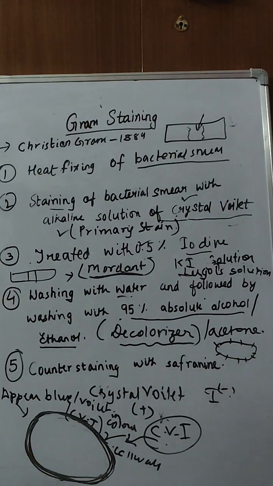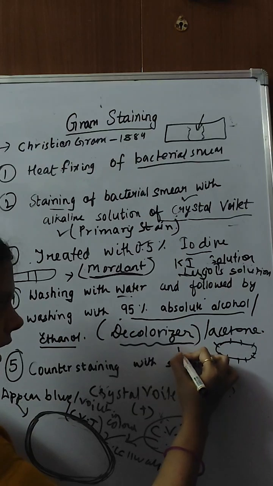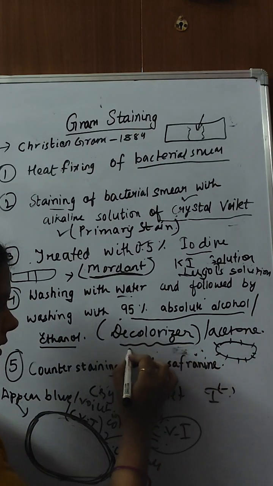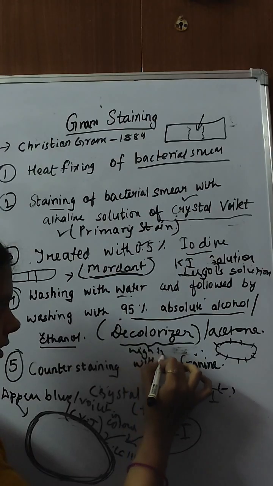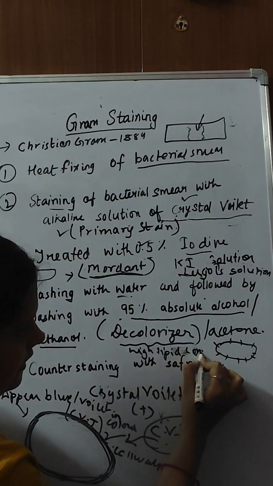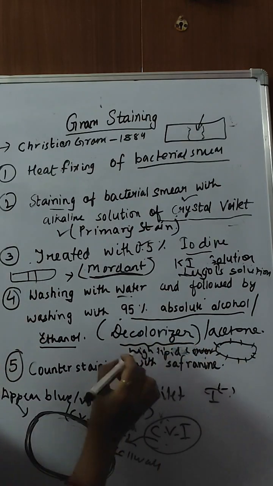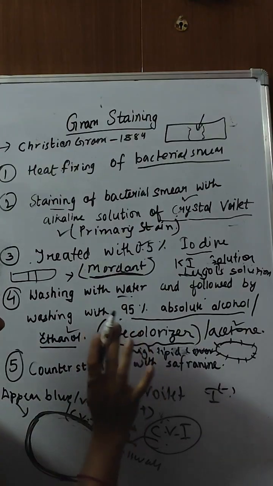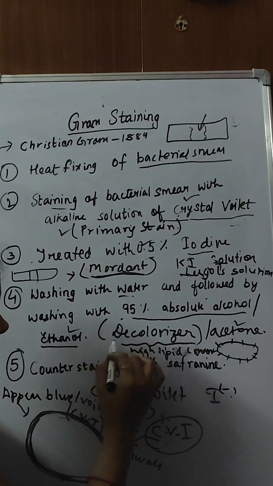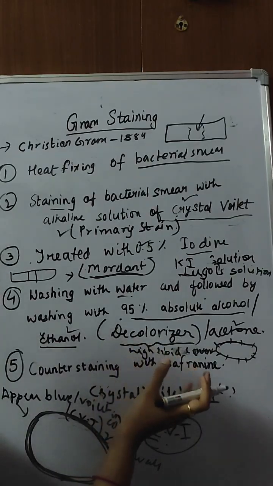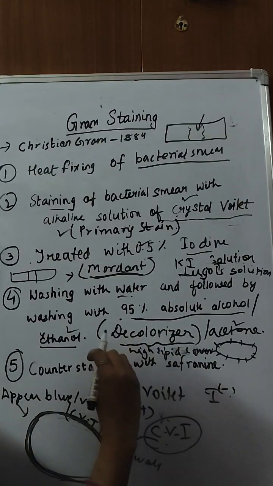If the cell wall is lipid soluble, if it is high in lipid content, then it will get solubilized in acetone or absolute ethanol or alcohol, whatever you are using. So we are using this non-polar solution to decolorize the bacterial cell.